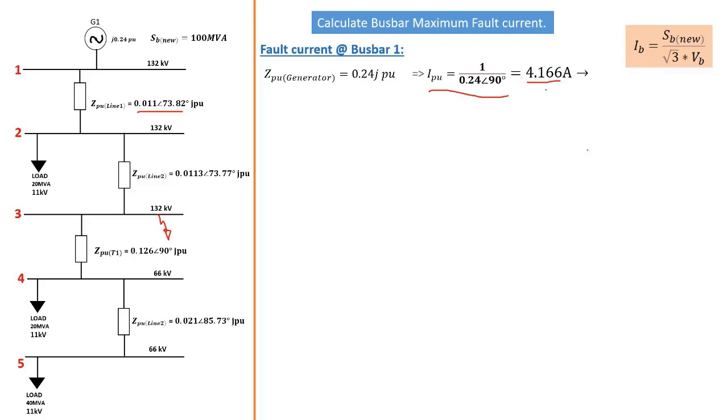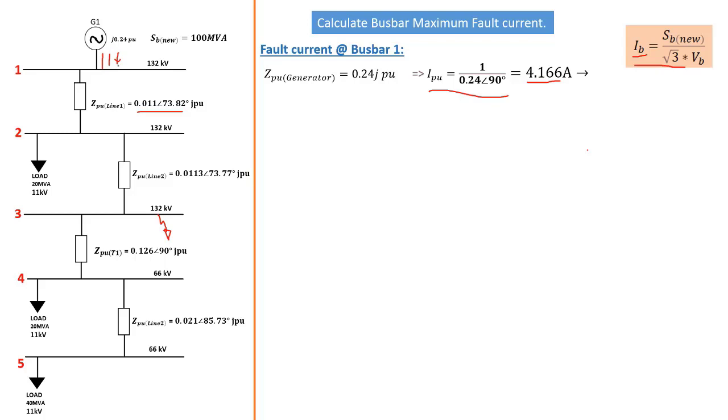In order for us to get the short circuit current, we need now to multiply the I per unit times the I line, which is the base current. Now if this is a 3-phase generator, the generator must have 3 phases here.